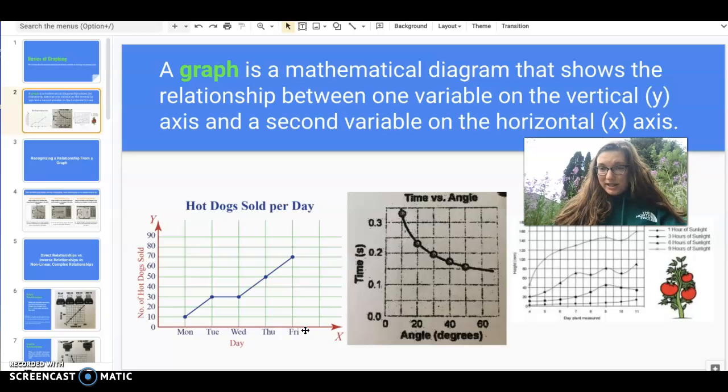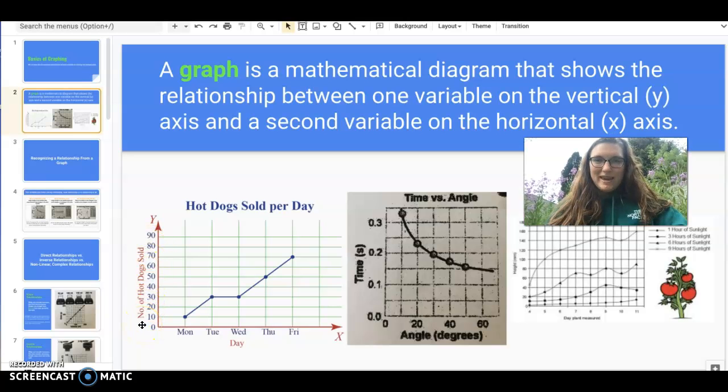But then what we're interested in is the dependent variable, what's on the y-axis. What's cool about graphs is that they make this data visible. They make it so that we can really see a relationship. The x-axis is what we sort of take for granted, and the y-axis is what we're really interested in.